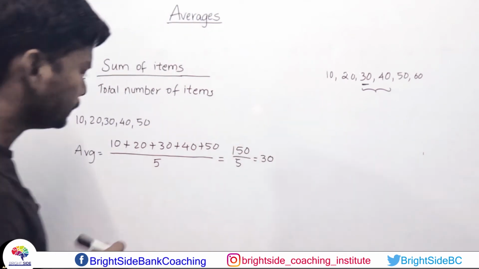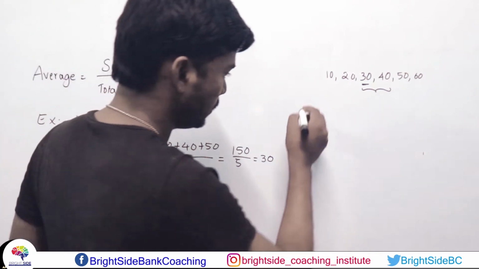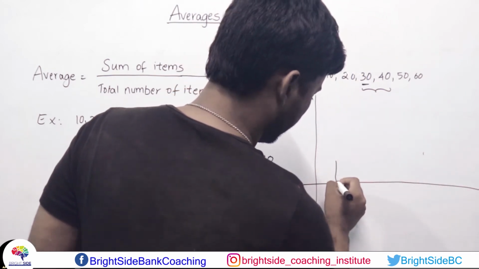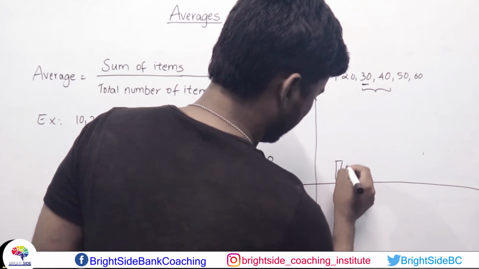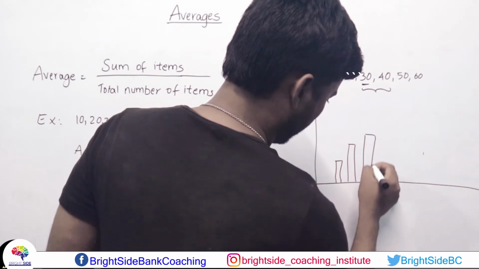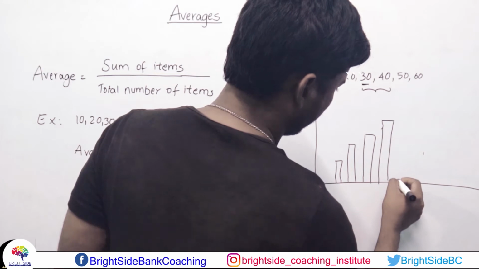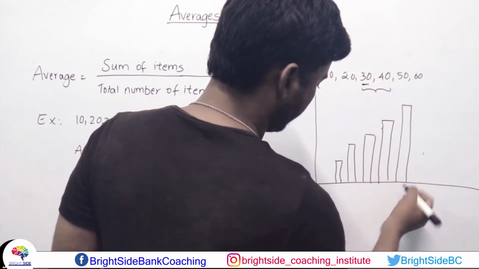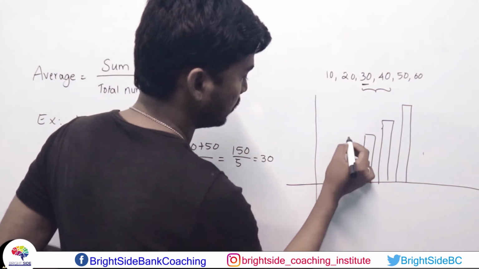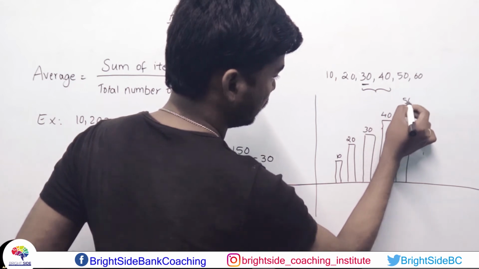Okay, so if you plot this on a bar graph, this would be something like this. So this is 10, let us suppose. So 20, 30, 40, 50. Okay, so 10, 20, 30, 40, 50.